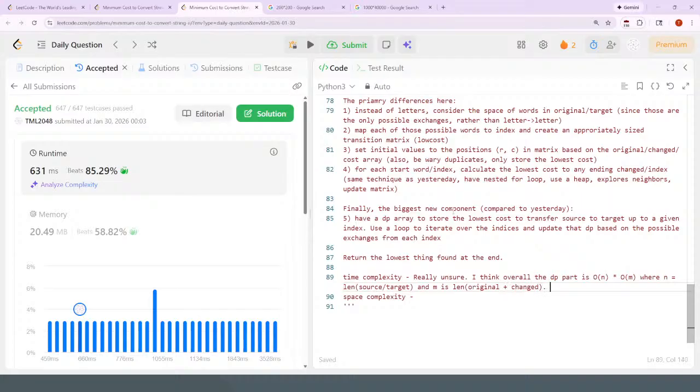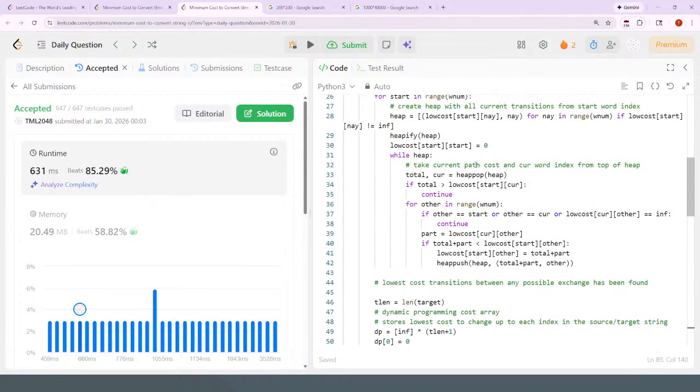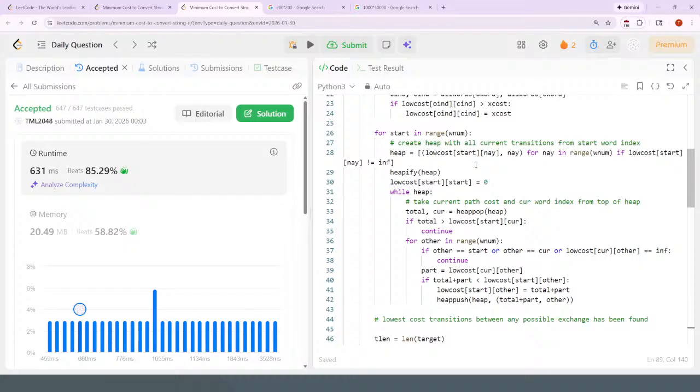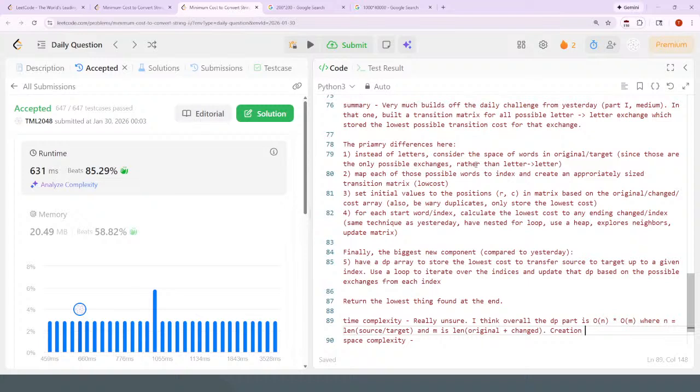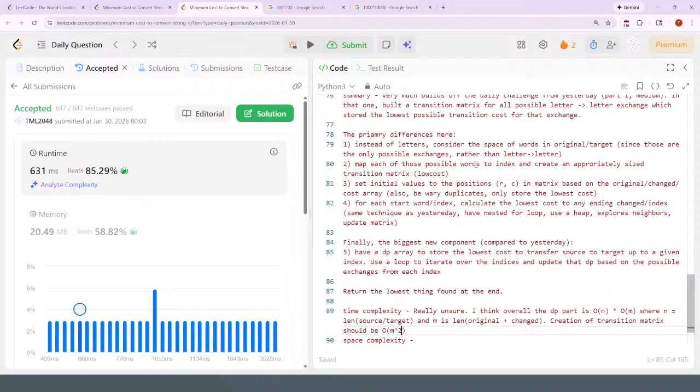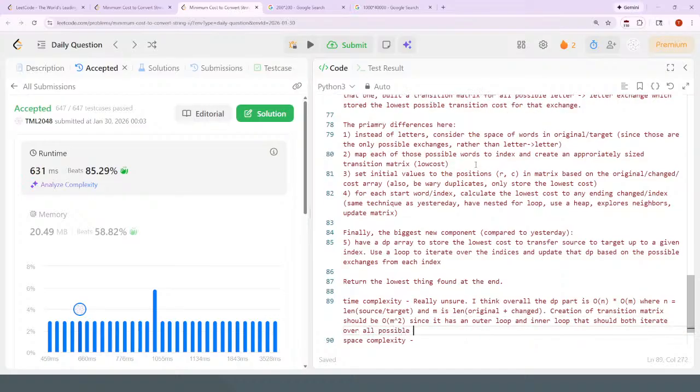But then the creation of the transition matrix should be O of m squared, which is different from what I wrote yesterday, but I think what I wrote yesterday is wrong, since it has an outer loop and inner loop that should both iterate over all possible word indices.